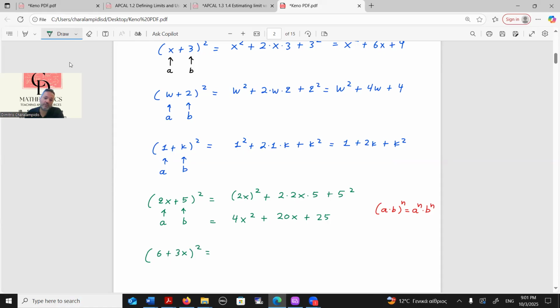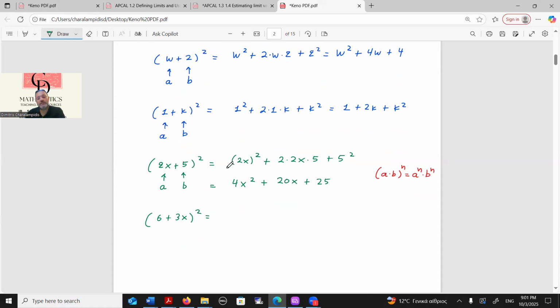Another one, 6 plus 3x squared. Here, 6 is representing A, and the entire 3x represents B. The expansion starts with A squared, so 6 squared, plus 2 times A, which is 6, times B, which is 3x, plus B squared, so plus 3x and all that squared.